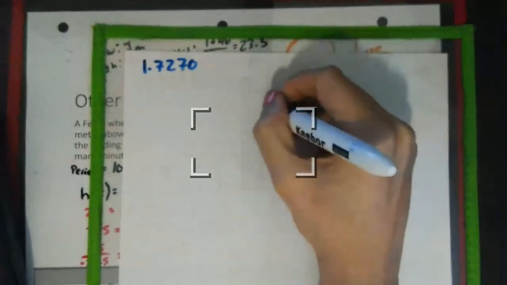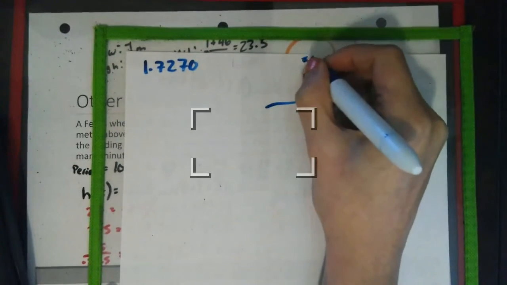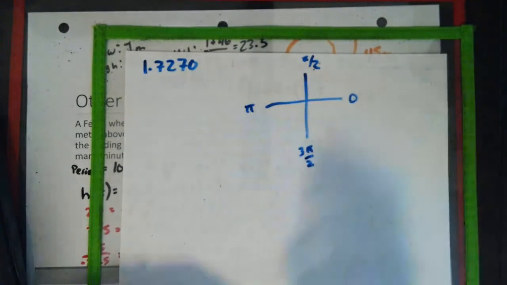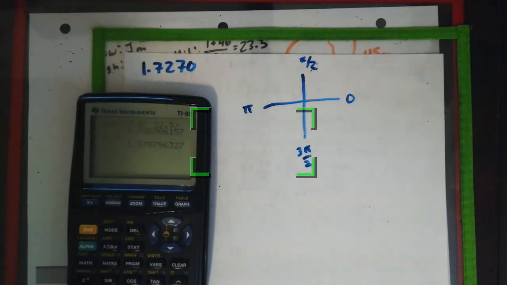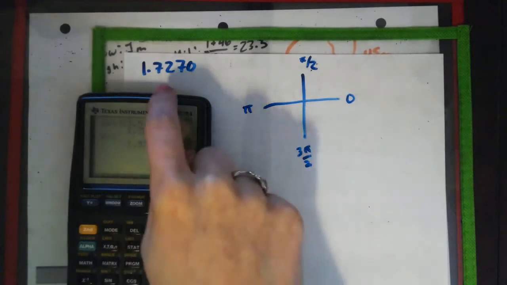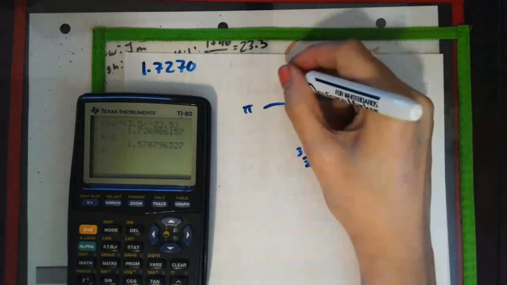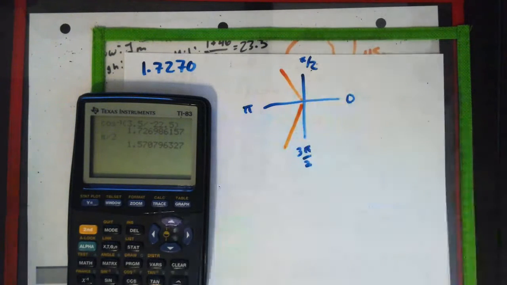If we think about our coordinates, we get 0, pi over 2, pi, 3 pi over 2. Pi over 2 up here is 1.57. So the value we got is slightly into quadrant 2. I still need my quadrant 3 answer though.